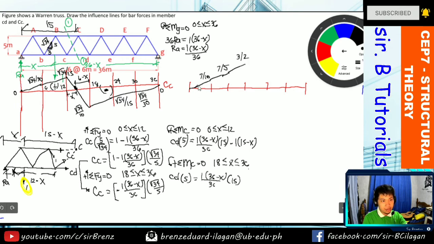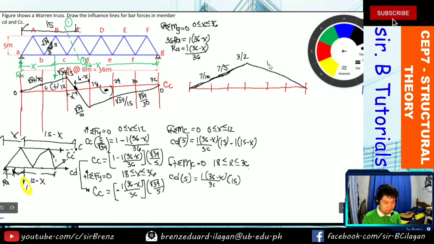So, ito is uniformly increasing. Ayan. And then, calculate. So, 6, 12, 18, 24 equals. So, magiging 1. So, pababa na siya dito. So, inassume ko na 0 sa dulo.